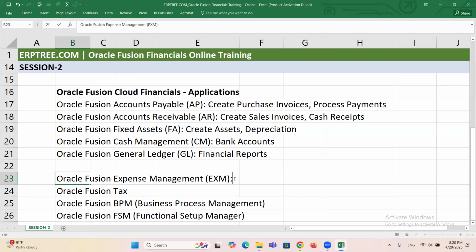The company is allowing them to spend and claim up to 1,000 rupees expense. Such kinds of expenses they record within the Fusion expense management.